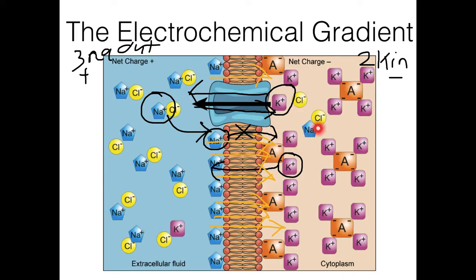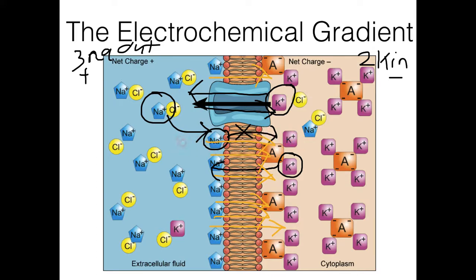Now, potassium feels those two forces as well, but in the case of potassium, they're actually counter to each other. Potassium could diffuse across, and sometimes does, because of the chemical portion.